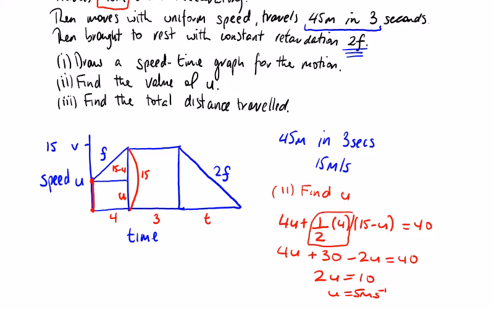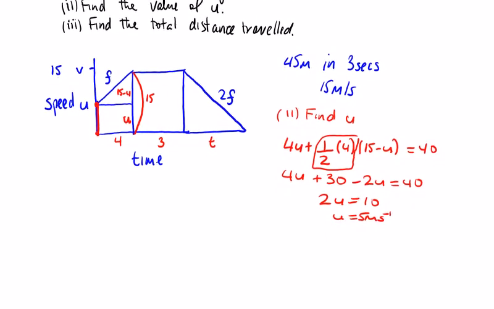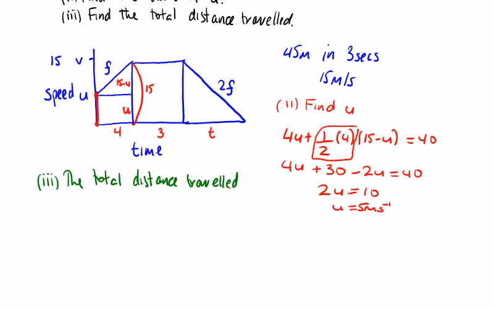And part 3, the total distance traveled. So let's have a look at the total distance traveled. We're really just focusing on this one. We have 45 in here already, and we were told 40 for this one. So it's the last triangle. We need to find f. So what have we got in the last triangle?